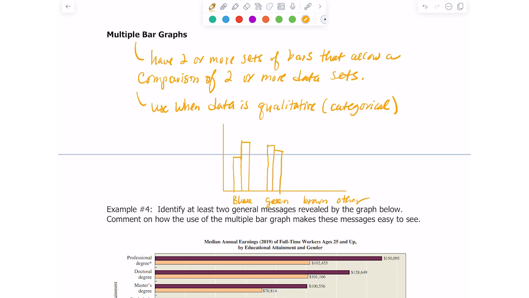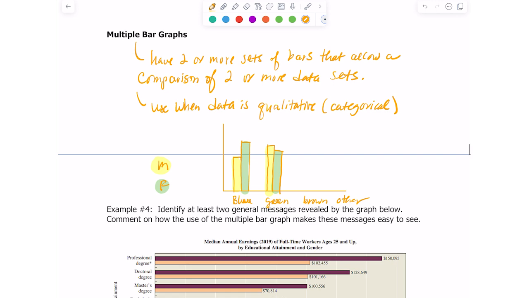Okay, and you would need some kind of legend, of course. So maybe the yellow represents males, and then maybe green would represent females. Okay, something like that. And so on. So that's one of the reasons we can use multiple bar graphs, if we want to compare two or more qualitative data sets.